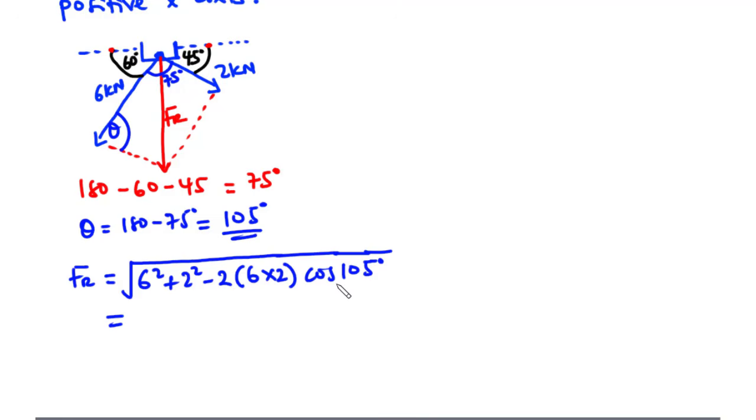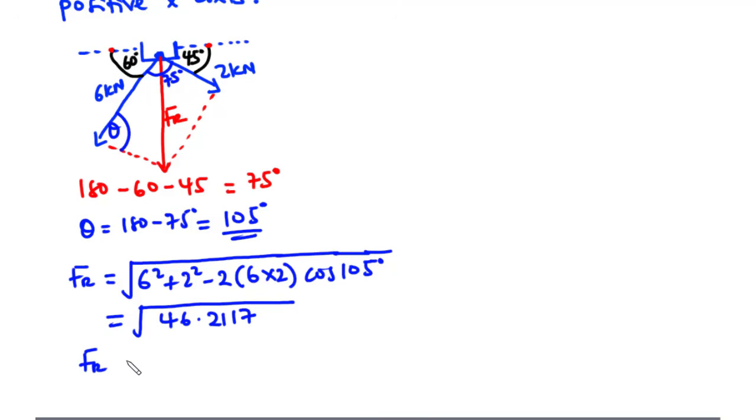Now let's simplify what's inside the square root. So 6 squared plus 2 squared minus 2 into bracket 6 times 2 cosine 105 is equal to 46.2117.